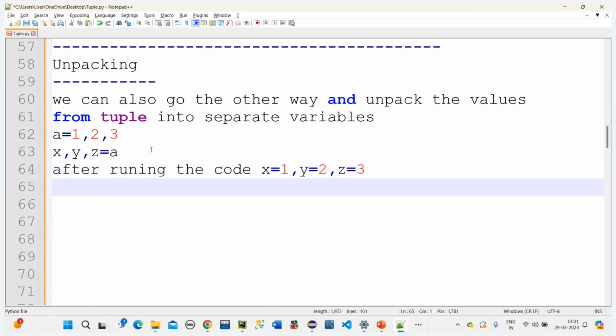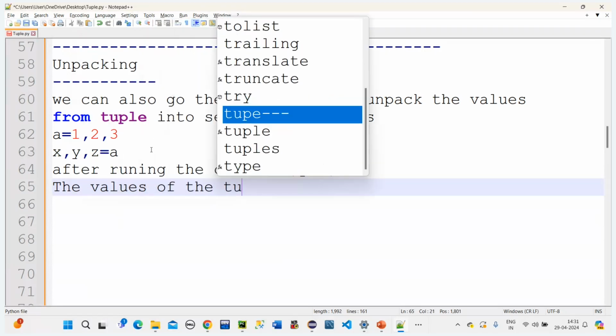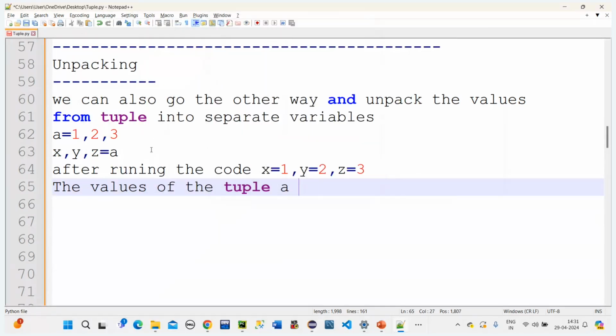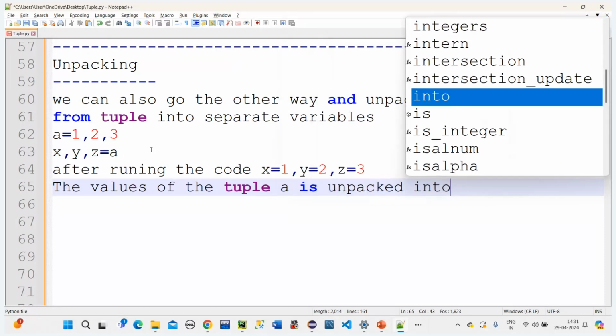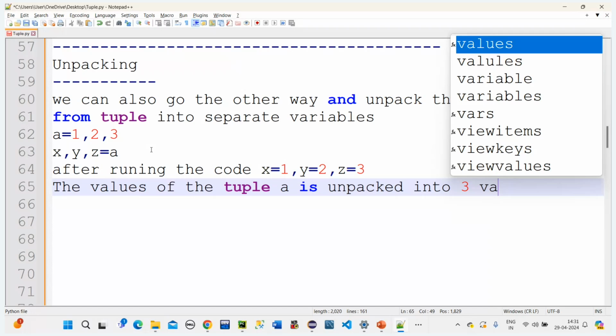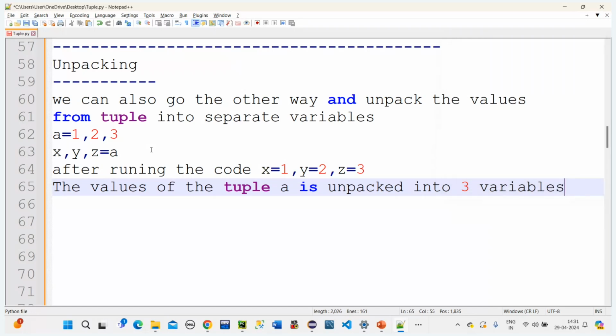You can also check once. You can say that the values of the tuple A are unpacked into three variables. What are those three variables? x, y, z.